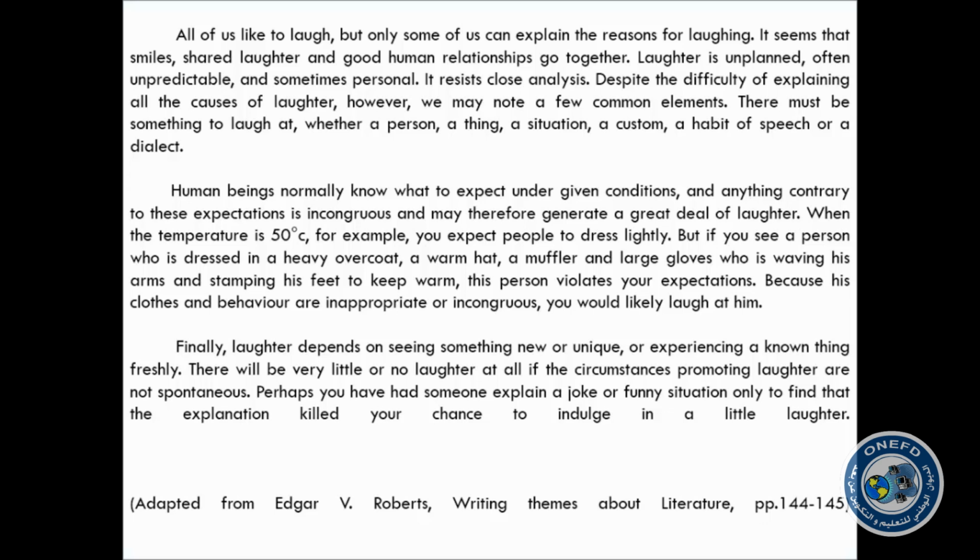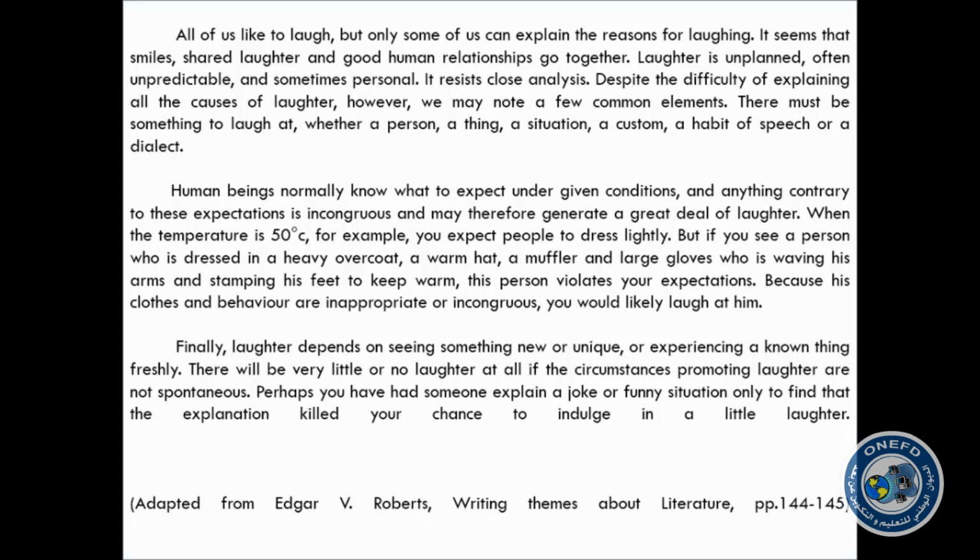When the temperature is 100 Celsius, for example, you expect people to dress lightly, but if you see a person who is dressed in a heavy overcoat, a warm hat, a muffler, and large gloves, who is waving his arms and stamping his feet to keep warm, this person violates your expectations because his clothes and behavior are inappropriate or incongruous. You would likely laugh at him.